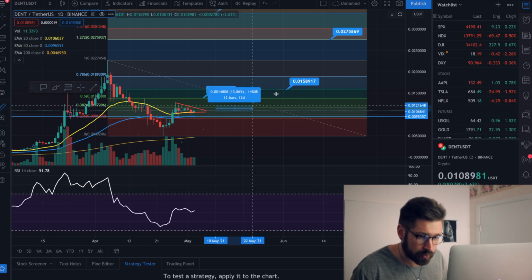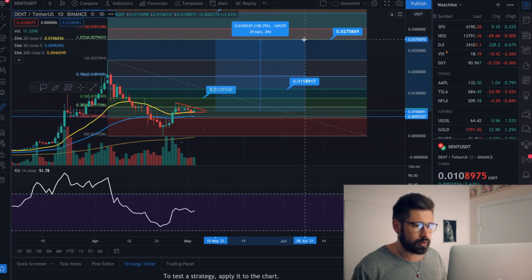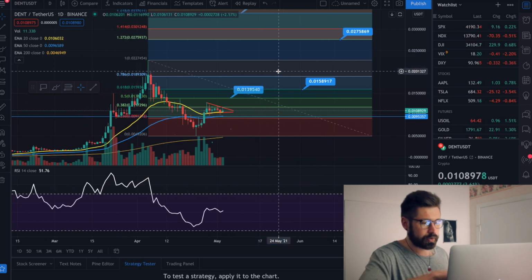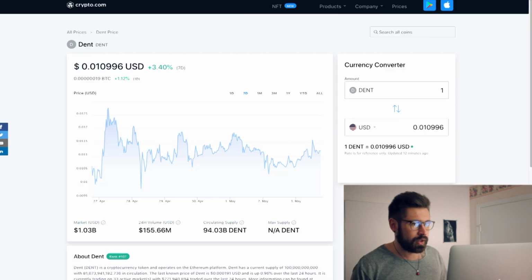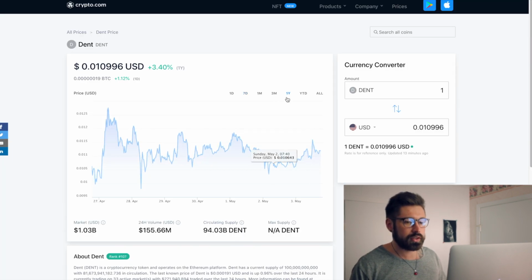We seem to be going through a nice healthy trend for both of them right now. And if you buy in at the current level, you're looking at a 159% gain for Dent. Dent has so much life left in it, in my opinion. I want to see them releasing more news because they're kind of quiet and we want more catalysts. It's good to see this, but I want more news.